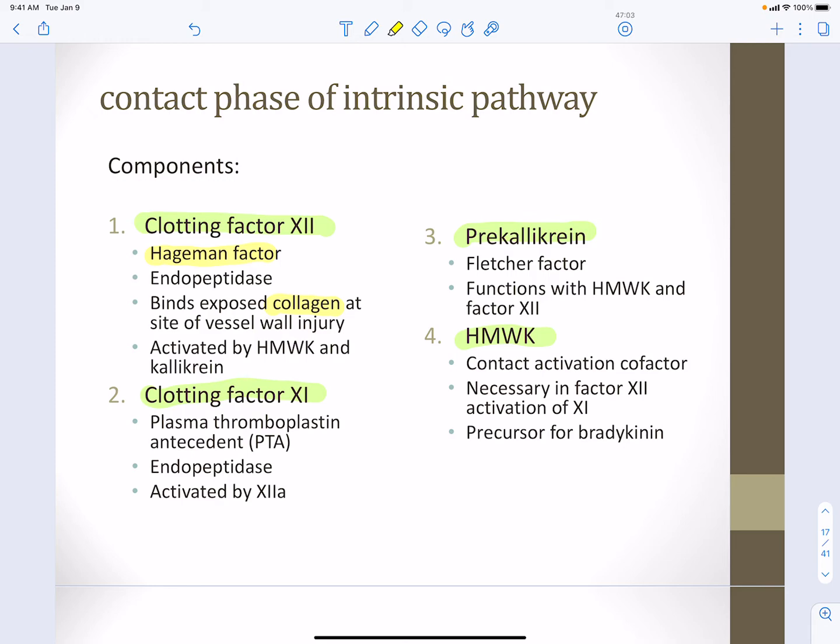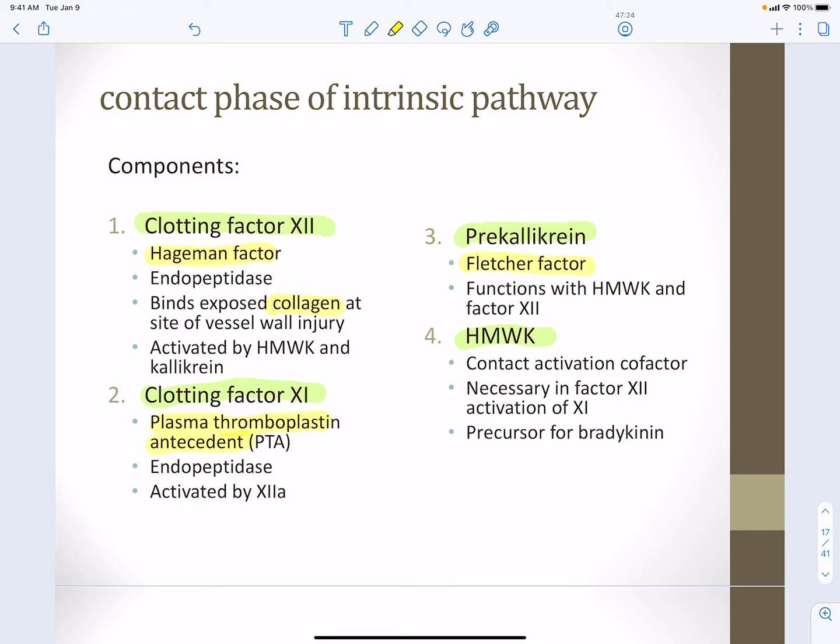And then you have clotting factor 11, which is known as plasma thromboplastin antecedent. This is also an endopeptidase. This is going to be activated by factor 12. We'll see that in just a moment. We have pre-kallikrein, which is also known as the Fletcher factor.